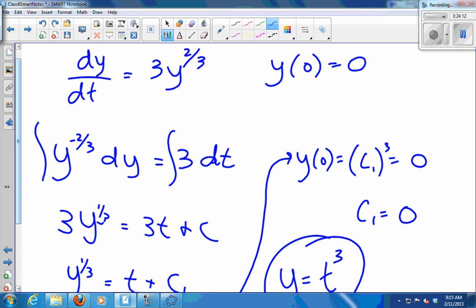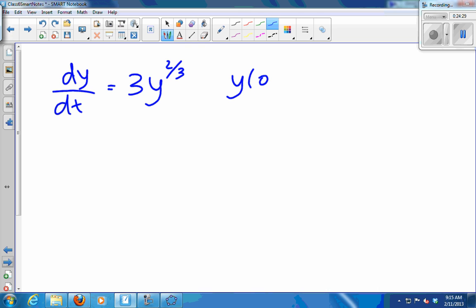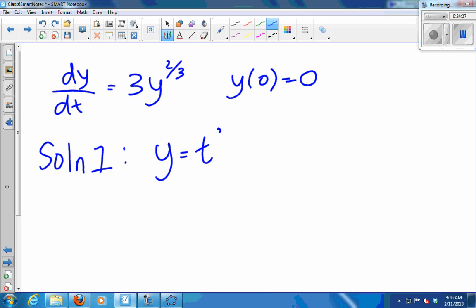I claim that there's another solution. Y dt equals 3y to the 2/3. Solution 1, we just figured out was y equals t cubed.